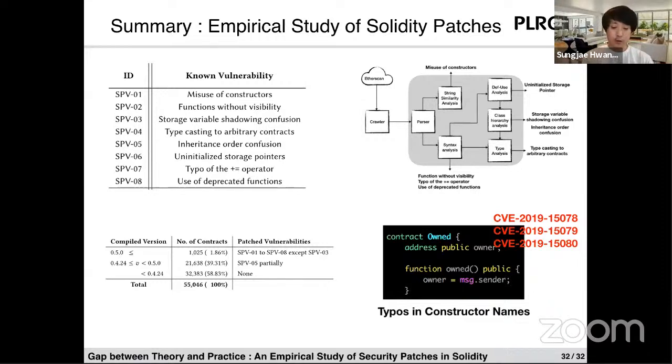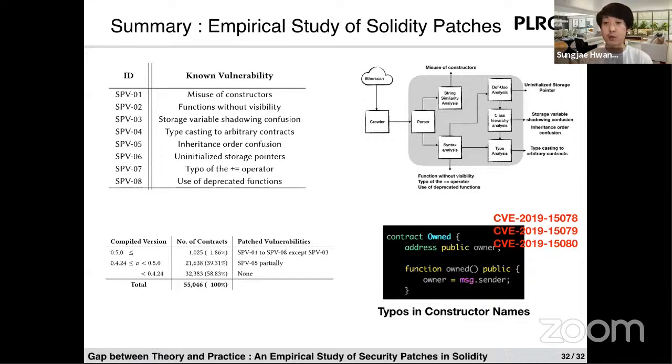Okay. So we did not explore this, so I'm not 100% sure. But I'm guessing that Solidity developers are not experts in the security area, so they don't know about the security vulnerabilities. So they may not even know there exist some security patches from Solidity.